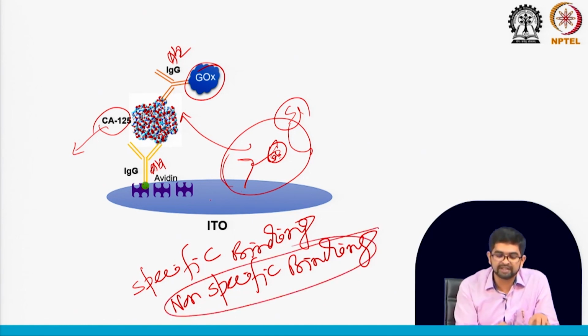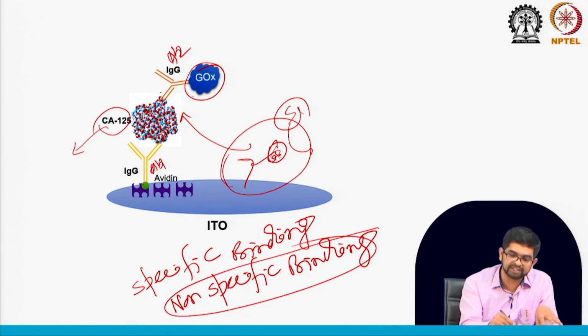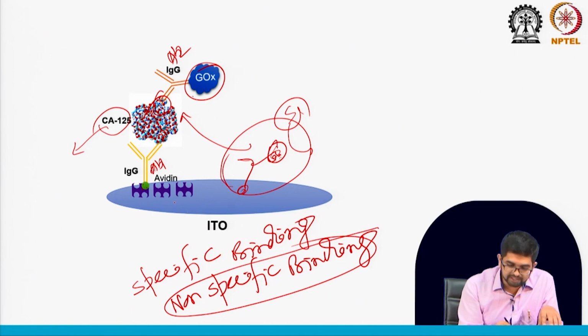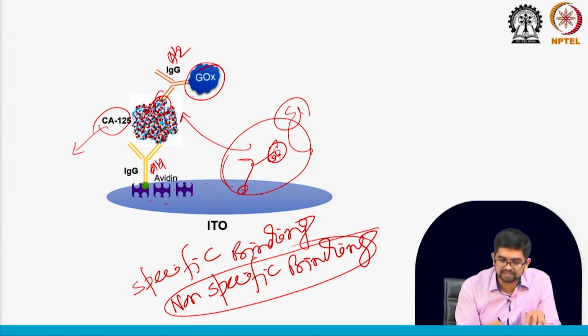We can very carefully clean the surface after adding the secondary antibody, so that it should bind only here, because they have the strong interaction, they can easily bind. But this non-specific binding is very loosely bound, so we can easily remove them by washing. Otherwise, there is some bare surface, and this bare surface sometimes can help non-specific binding.